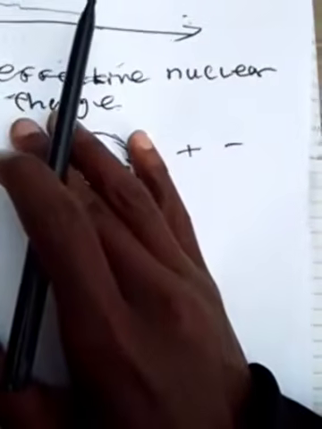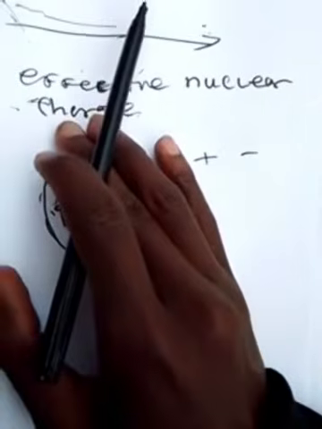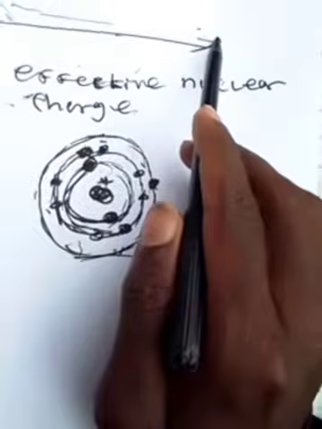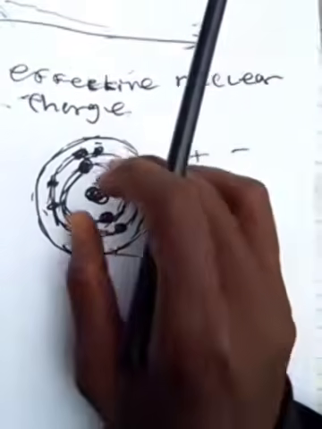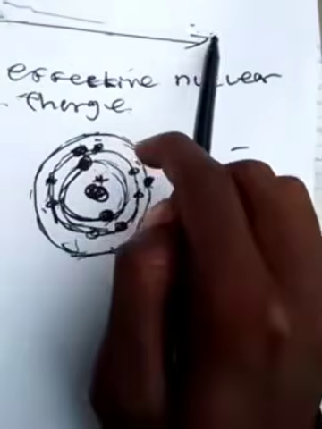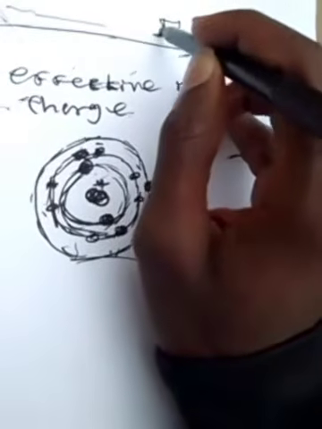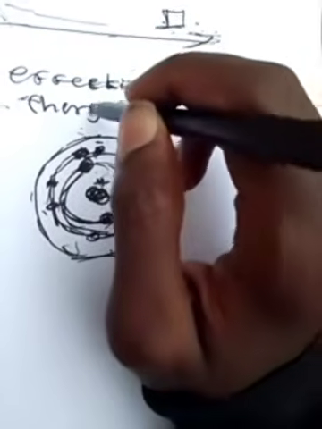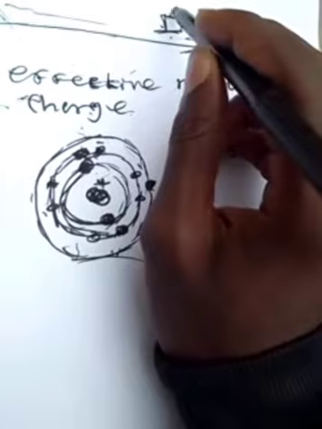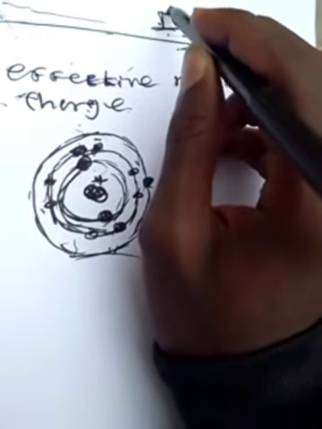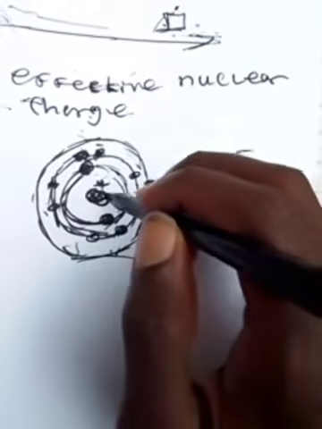Just for now, just know that the effective nuclear charge increases as we go from left to right. And since it is increasing as we go in this direction, it means the one that is at the right has a lot of this, which will make it able to attract more electrons, because the attraction is just so high.